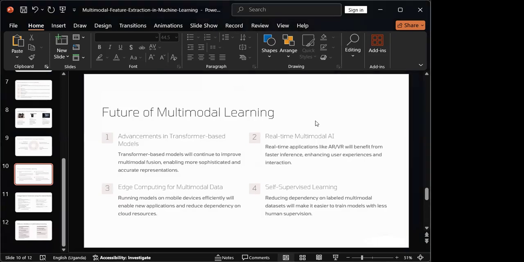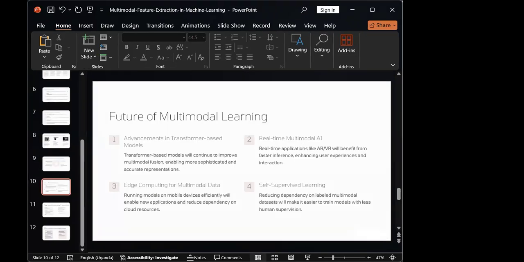Multimodal learning has gone through ages. We started with separate modalities, then basic combination. Now we can merge more than 3 or 4 modalities. So this is the future of multimodal learning.